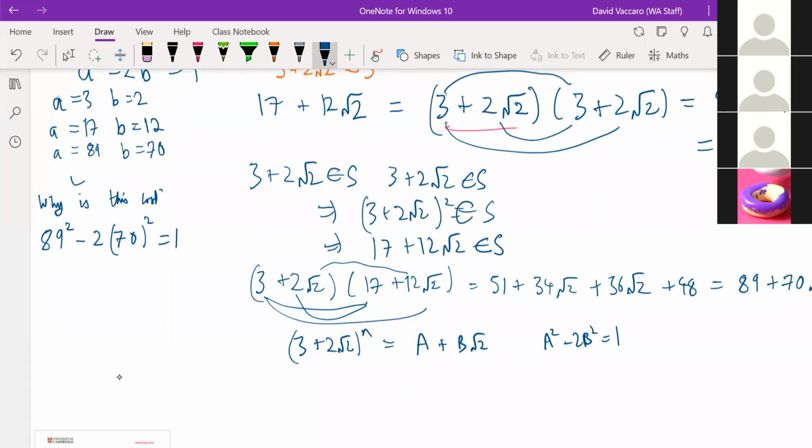Why is this cool? What do we know? Tell me a fact about the square root. Yeah, because maths is cool. That's a good answer. What do we know about the square root of 2? Someone asked you to say a fact about the square root of 2.